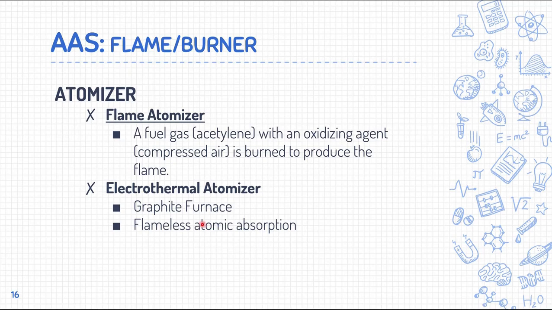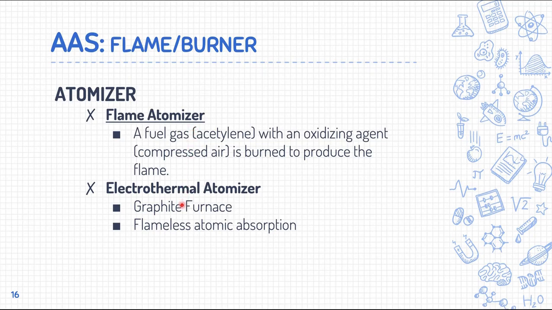From your nebulizer, your sample will be held in your graphite cylinder, and eventually that graphite cylinder will be subjected to increasing temperature, whereby your sample will start to evaporate, and as it evaporates, it will be liberated from whatever molecule it is bound to, now forming an atomized sample.